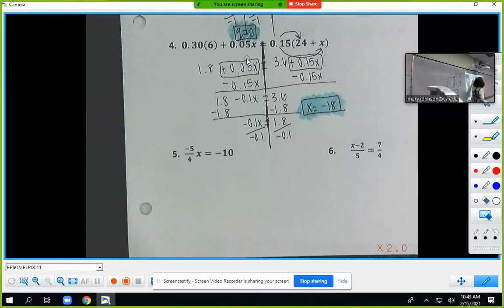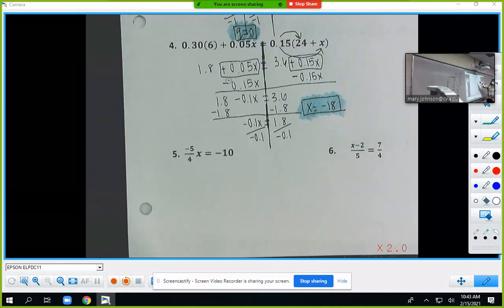Now that 0.15 gets multiplied by x, leaves you a 0.15x, and a couple of you are losing the variable. Keep the x on it because it doesn't go with the 3.6. Then back on this side, 0.30 times 6 is 1.8. Bring down the 0.05x.